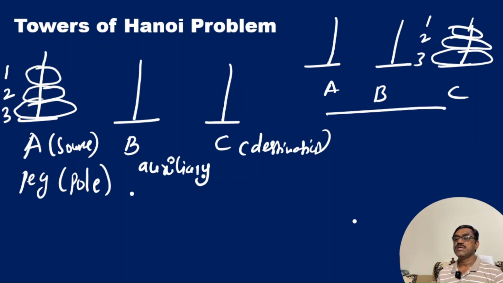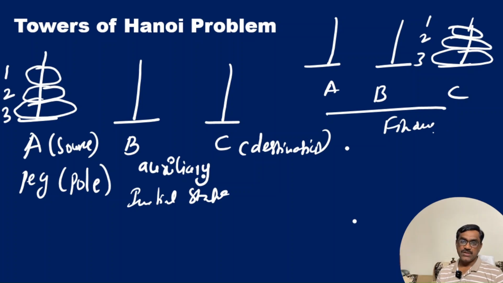This is the initial state and this is the final state. So we are given a set of disks on the source peg, and we have to move all the disks from the source peg to the destination peg. That is the logic.